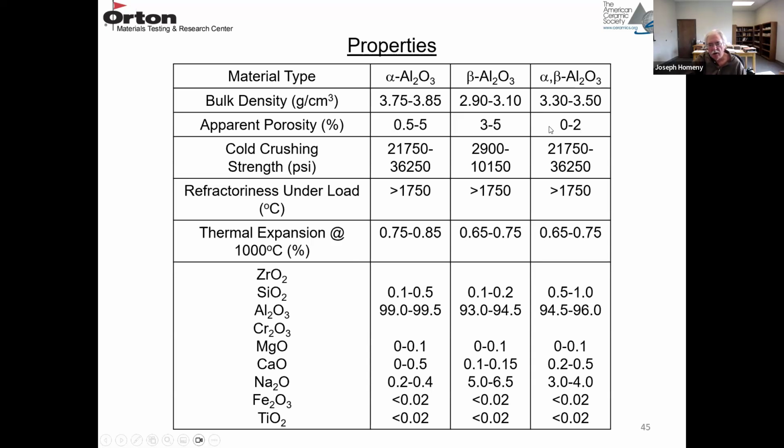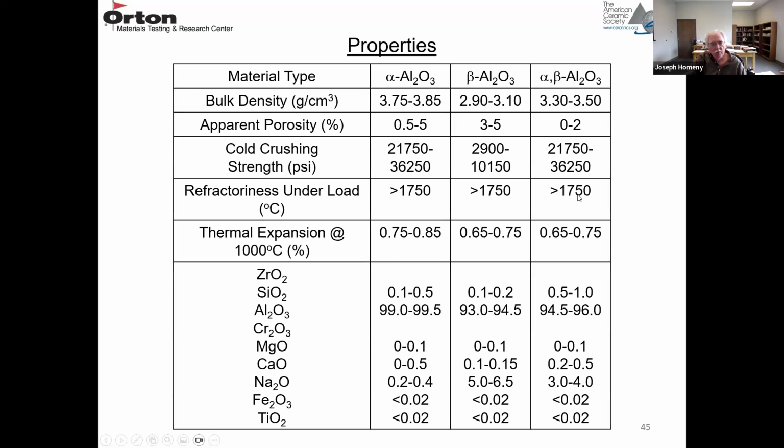The porosities on these are pretty low, less than 5%. This one's less than 2%. Dense materials are going to have high strength, so the compressive strength is, this is from 21 to 36,000. This is about 3,000 to 10,000, and this one is about 21 to 36 also.